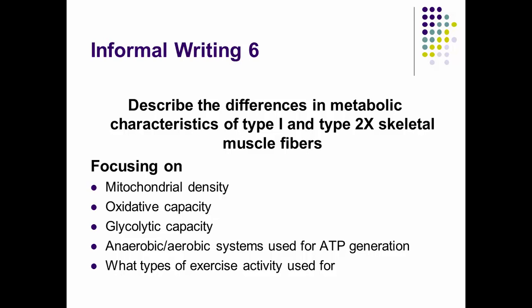So try to describe the differences in metabolic characteristics of the type 1 and type 2 muscle fibers. Try to focus on the mitochondria, make a comparison, right? Focus on the mitochondrial content, oxidative capacity, glycolytic capacity, aerobic versus anaerobic system used for ATP generation, and also what type of exercise activity is used for the different types of fibers.